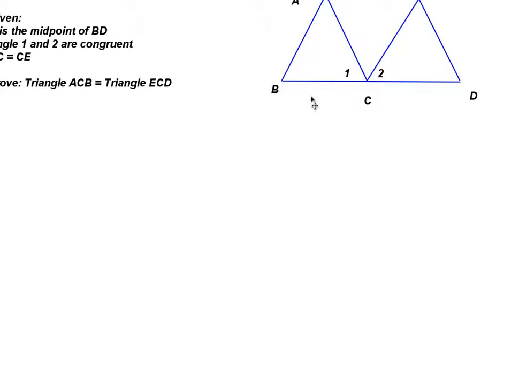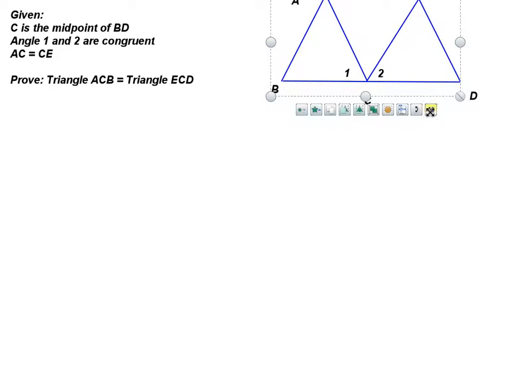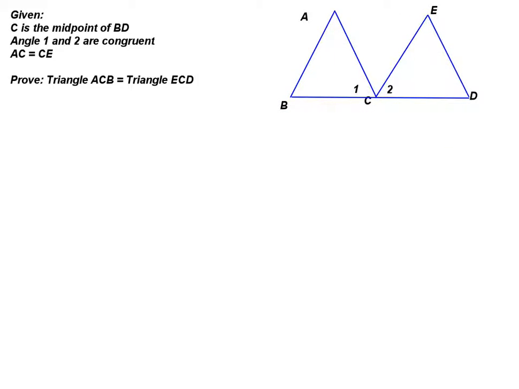So in this proof, I'm told that C is the midpoint of BD. I'm told angle 1 is congruent to angle 2, and that AC is congruent to CE.